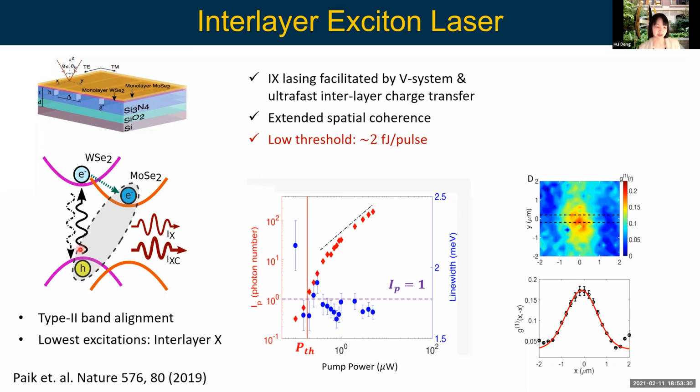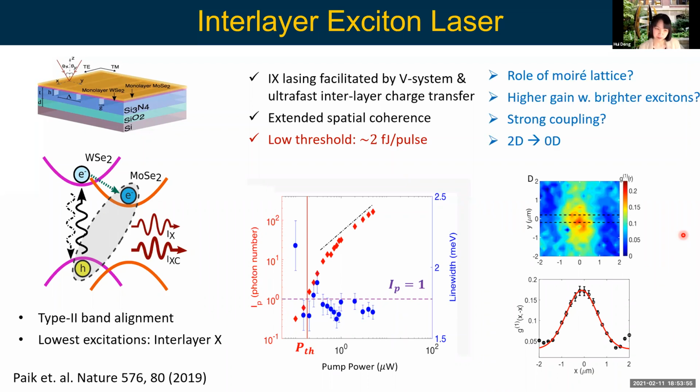And then they will combine into this state. This band was initially empty, so it's very easy to build up a population inversion. That leads to a lasing threshold, and that's what we did in this experiment, where we can see a clear lasing threshold. We can also measure the spatial coherence to show how the lasing state has formed.